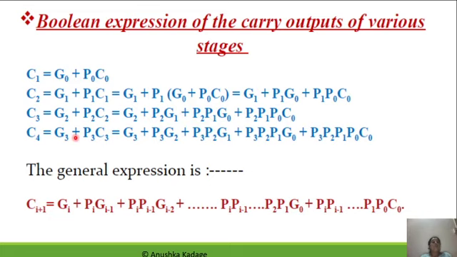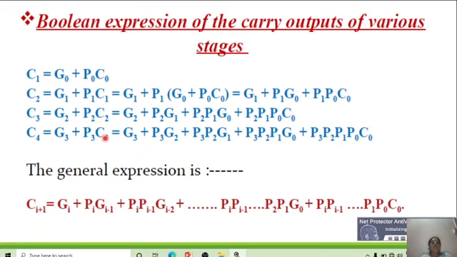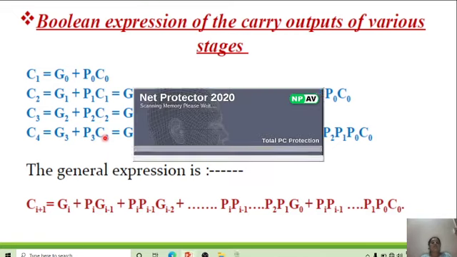The last bit addition will be A3 and B3, but that carry output we are writing as C4. So C4 will be written as G3, the current bits, plus P3 C3. Here again for C3 we are going to substitute the values.